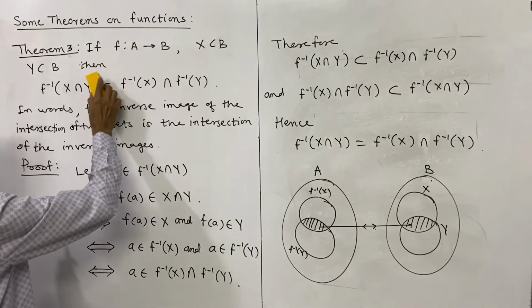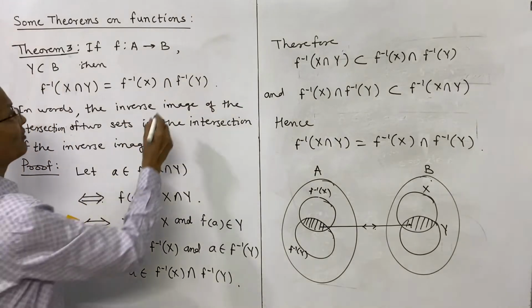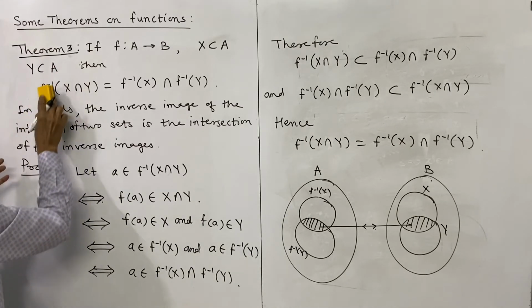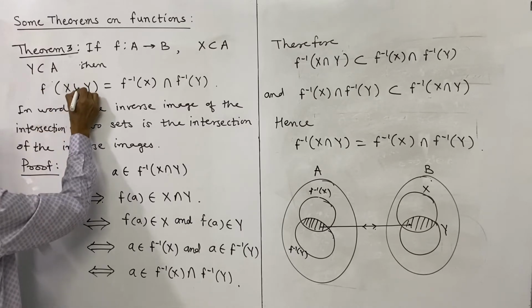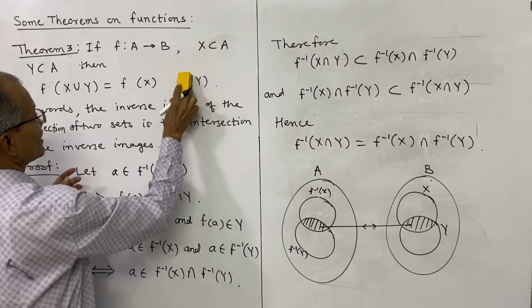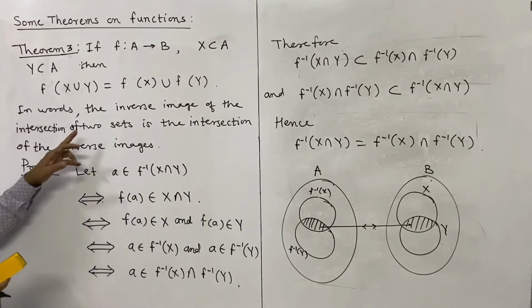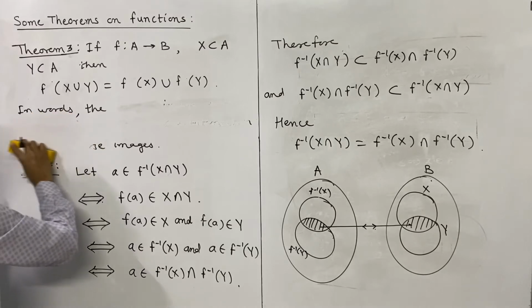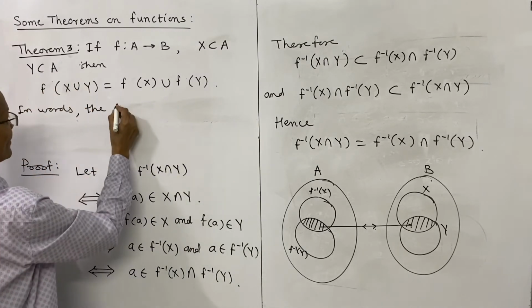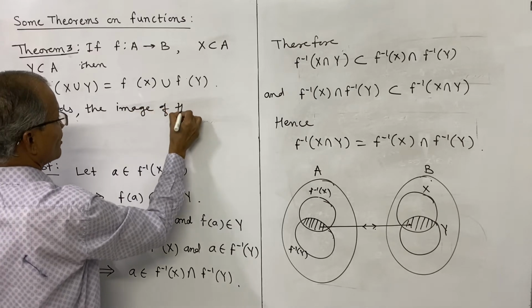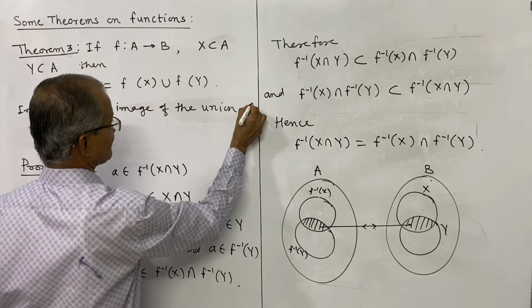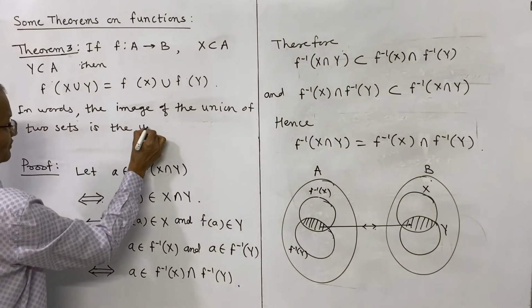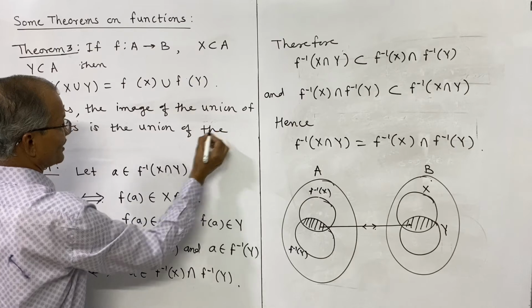Now the third theorem we shall consider is f is function from A to B, x is subset of A and y is subset of A. Then f image of x union y is equal to f image of x union f image of y, or the image of the union of two sets is the union of the images.